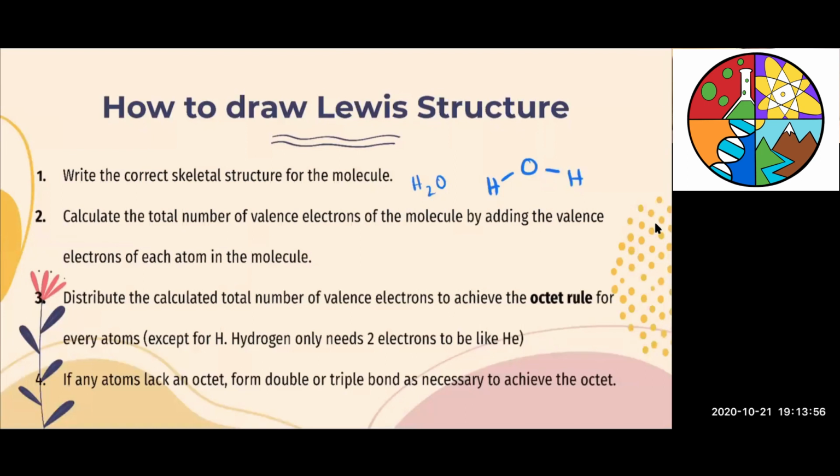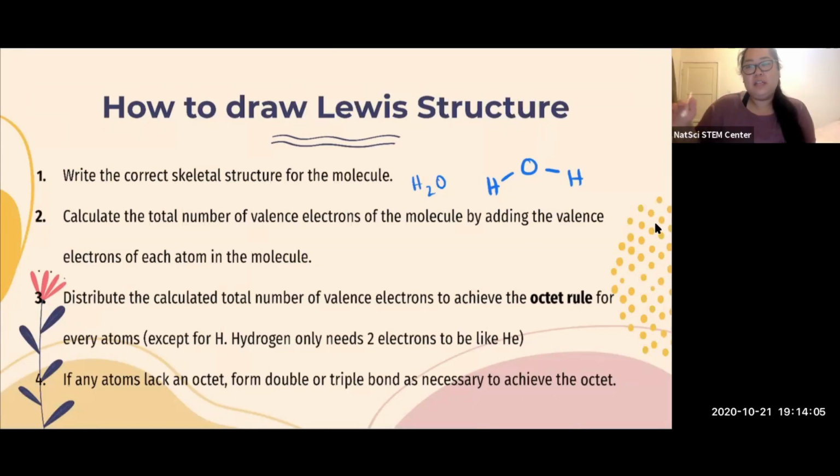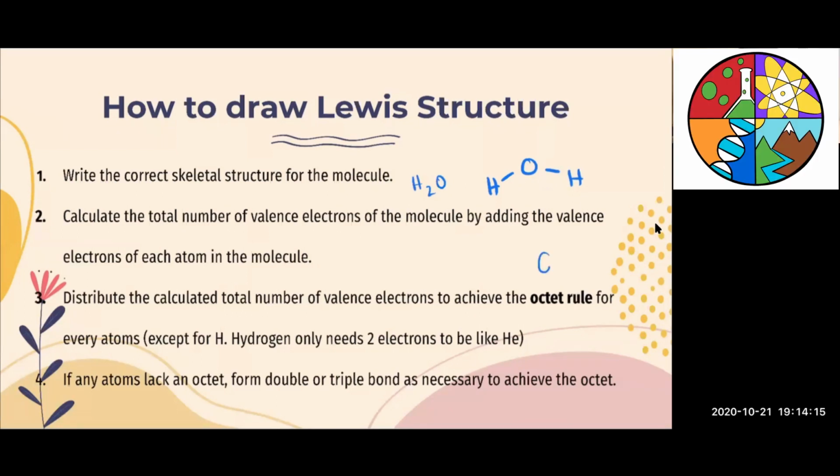You'll distribute your valence electrons to meet the octet rule, and if you're lacking any, once you do the basics of every single atom having 1 bond, and you're still missing a bond on the central atom, let's say it's carbon, so let's do CO2. Actually, you'll do this later.